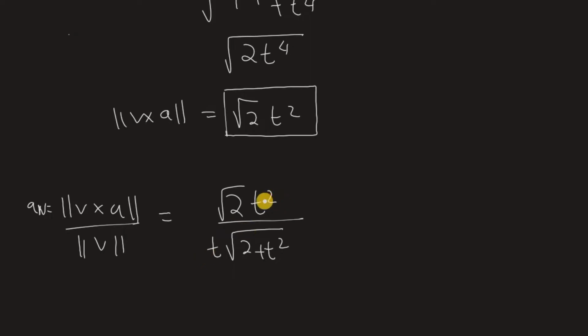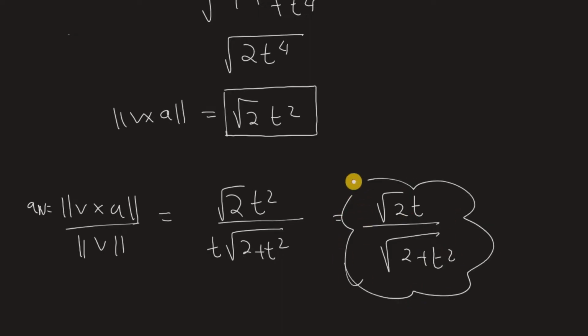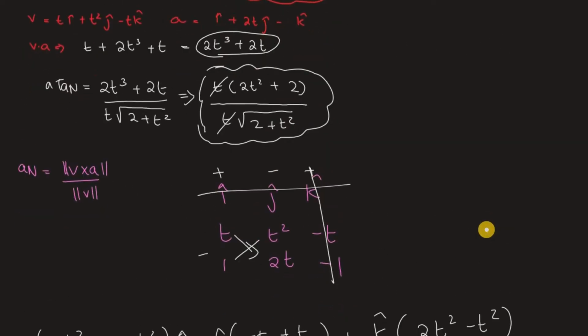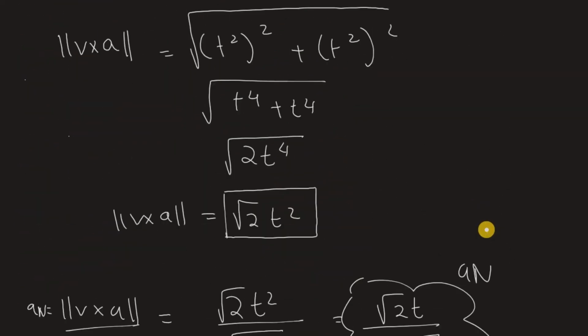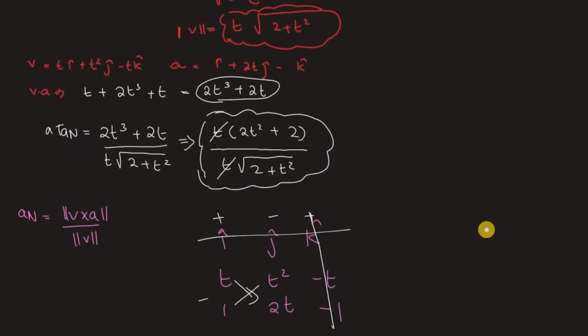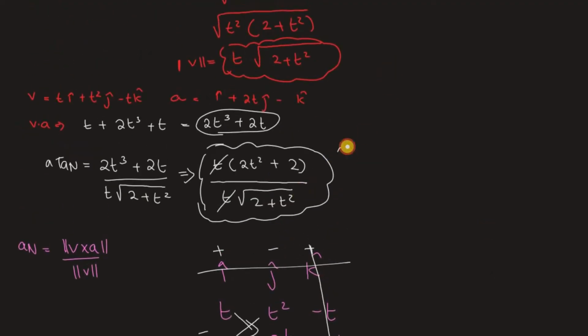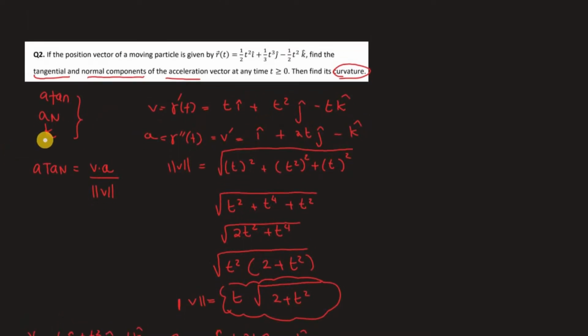So let's subtract t from t squared, so you get t only at the top. So this is your final answer for a normal, a N. And this was our a tangential. Now we need to find the curvature k.